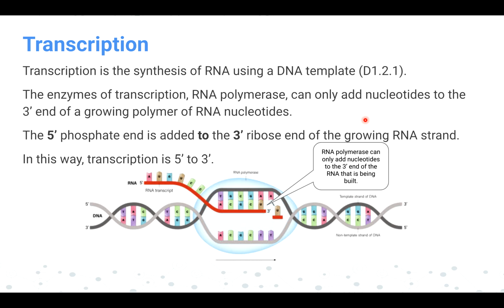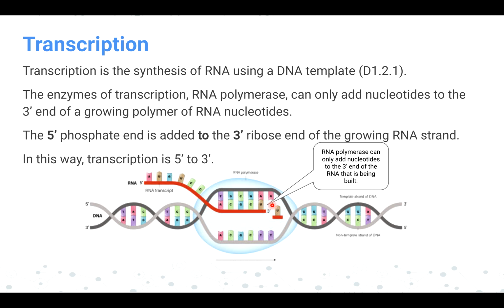But in the case of transcription, DNA has to open, and only one strand will act as a template strand. In the previous case both were acting, but now only one strand will act as a template. The enzyme for transcription is RNA polymerase, which can only add nucleotides to the 3' end of the growing RNA polymer. So this is 3'.